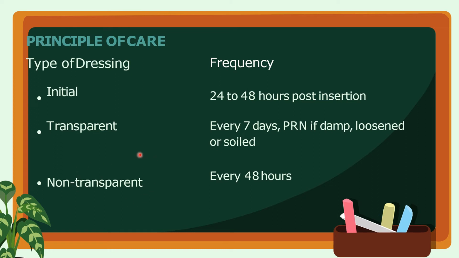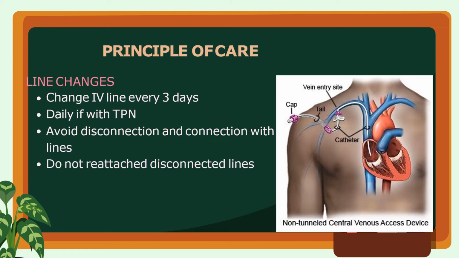For the non-transparent dressing, it should be changed every 48 hours. For line changes, we must change IV lines every 3 days, daily if the patient has TPN or total parenteral nutrition, and we should avoid disconnection and connection of lines. Do not reattach disconnected lines.